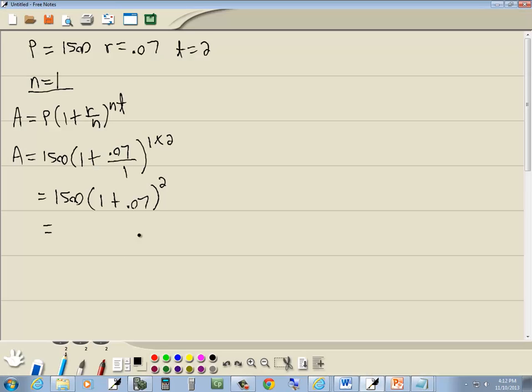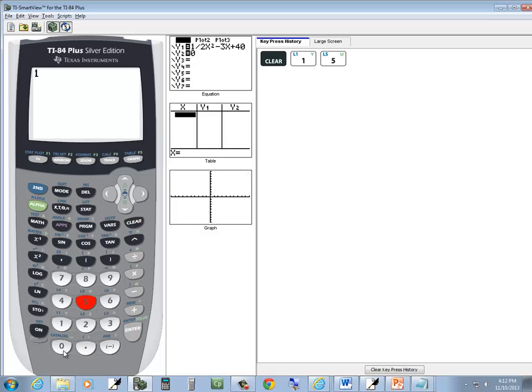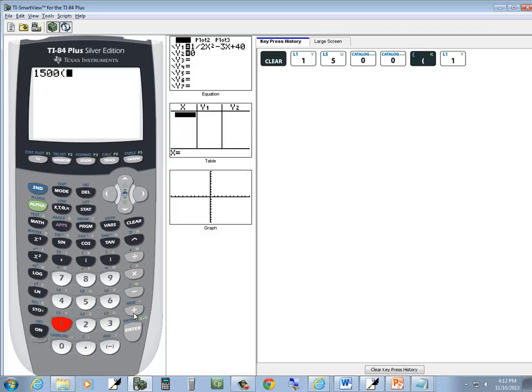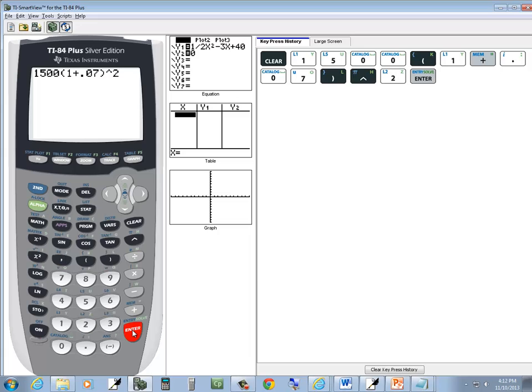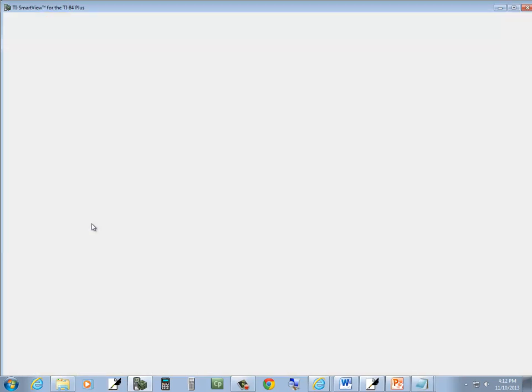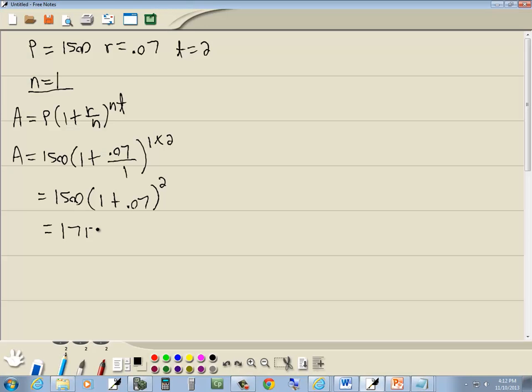So we got 1500, beginning parentheses, 1 plus 0.07, closing parentheses, caret 2, enter. And that's going to give us $1,717.35.